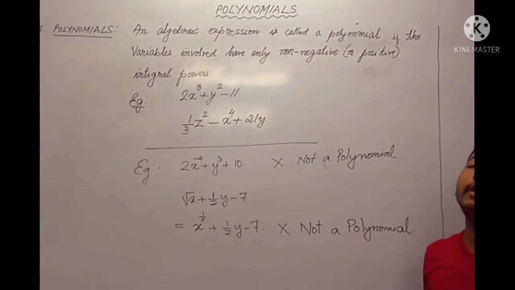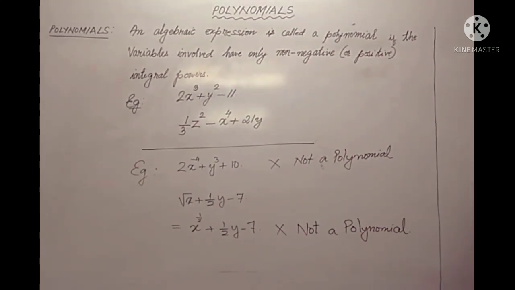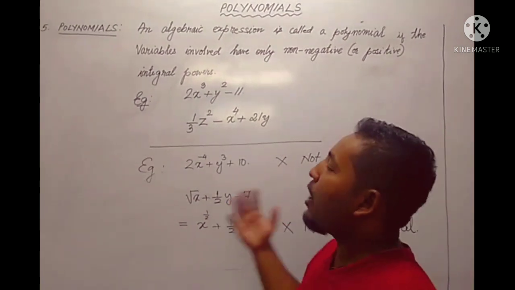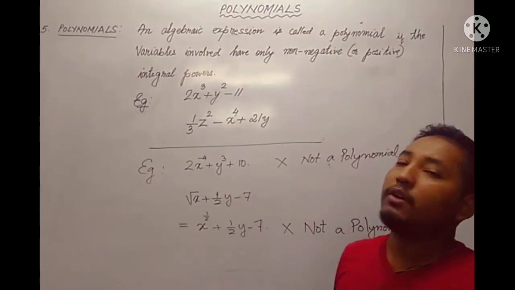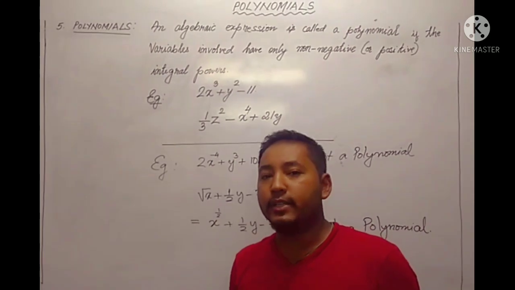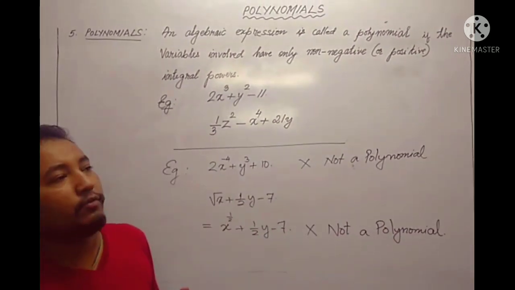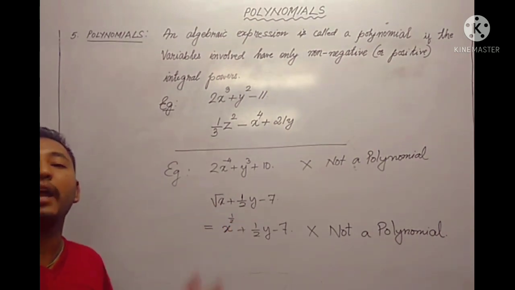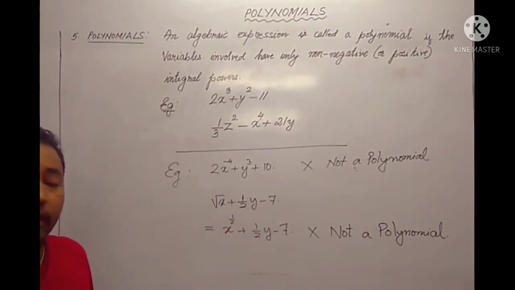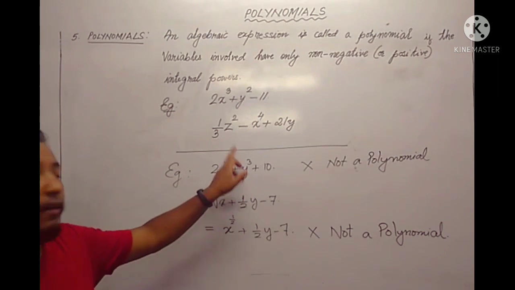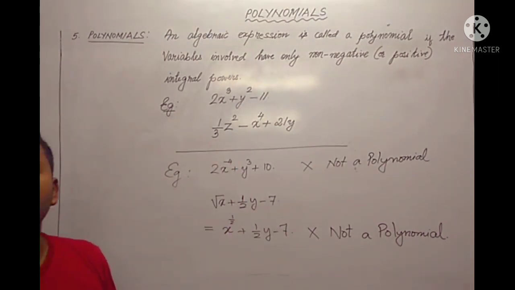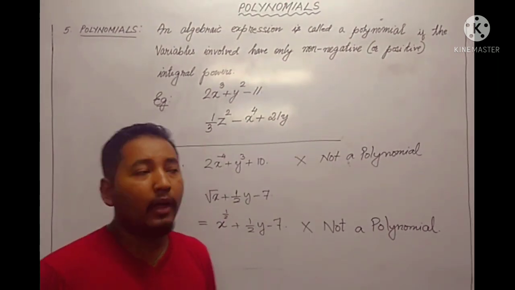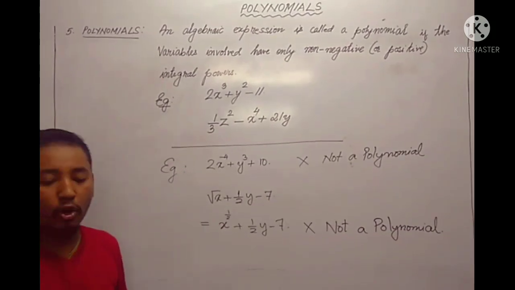To find out whether the given algebraic expression is a polynomial or not, you have to check the powers of the variables. If the powers of the variables are positive, it is a polynomial, and if the powers of the variables are negative or sometimes fractions, then it is not a polynomial. That is simple. Alright, now let us move on to the next topic.